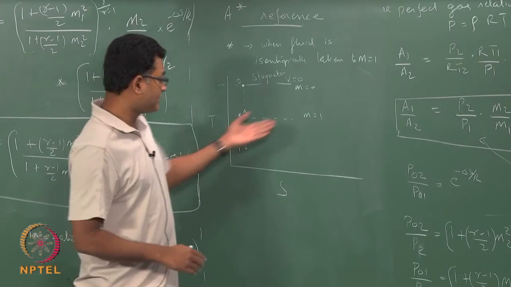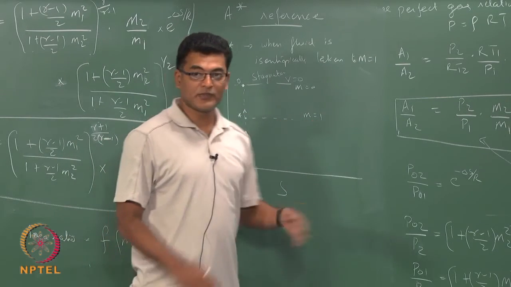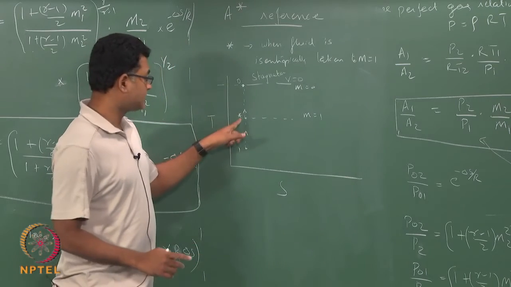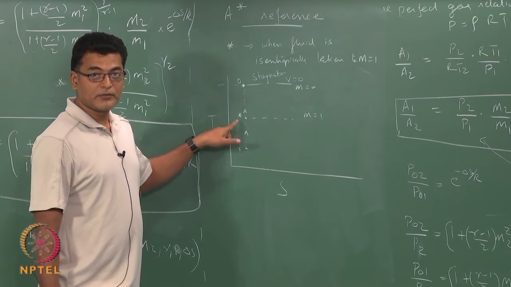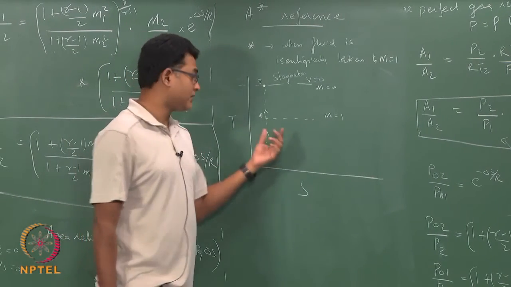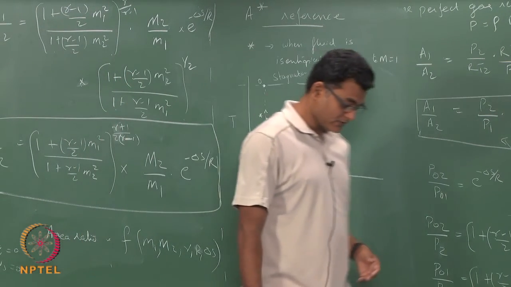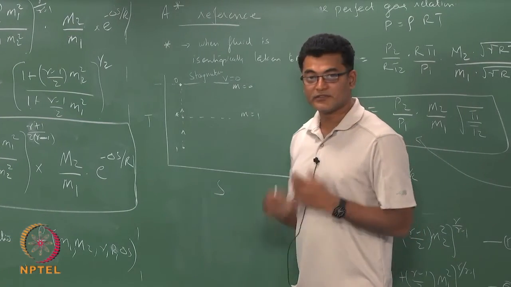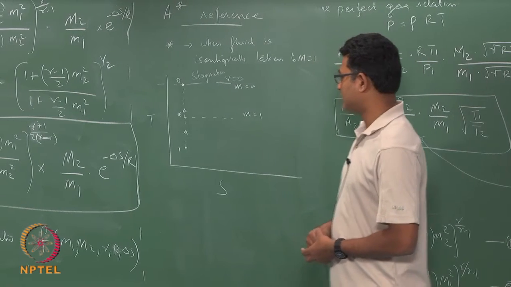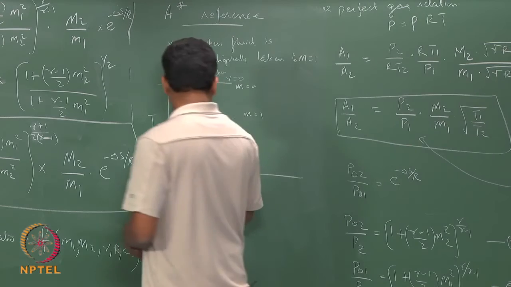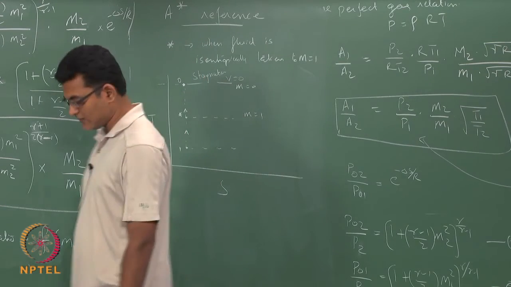You can actually take the flow to M equals 1 in 100 different ways, but the one that you are talking about is when it is reduced or increased to M equals 1 isentropically. If you do that, that is your star condition. So, what is your star condition? We will try to understand what our star condition is.